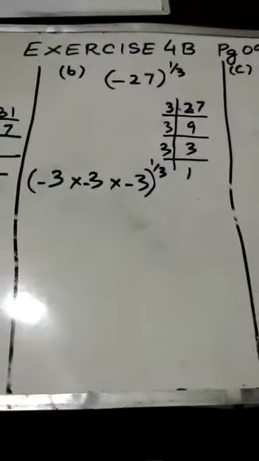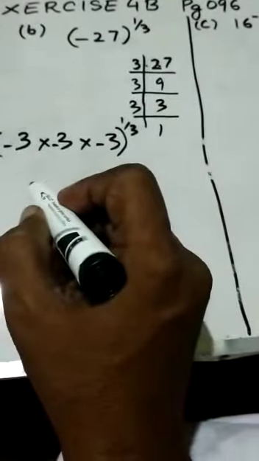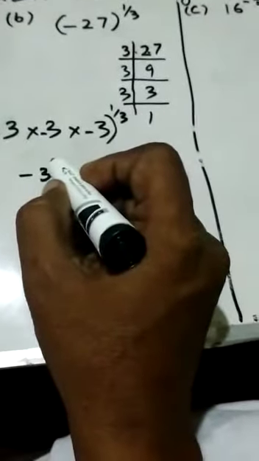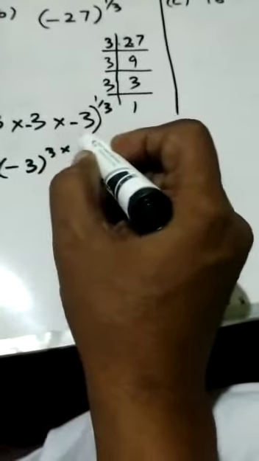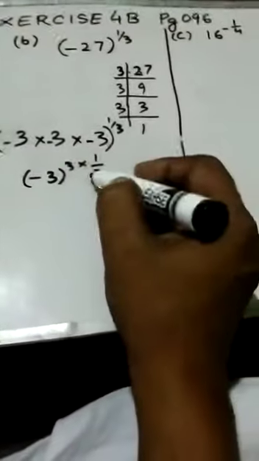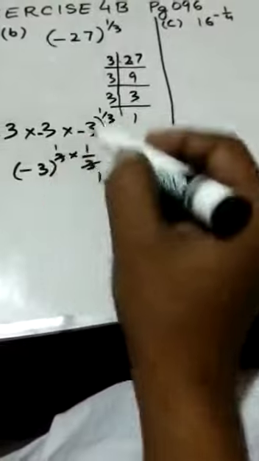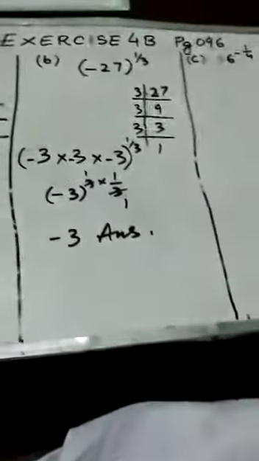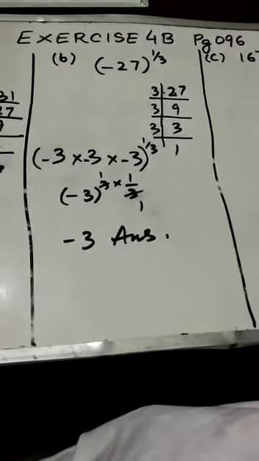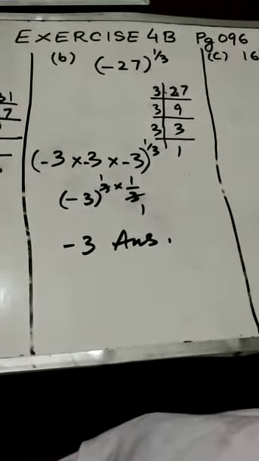Now after this we can write minus 3 to the power 3, and over that it is 1 over 3. Now divide this, you will get only minus 3. So this minus 3 is your answer. It was relatively an easy question.